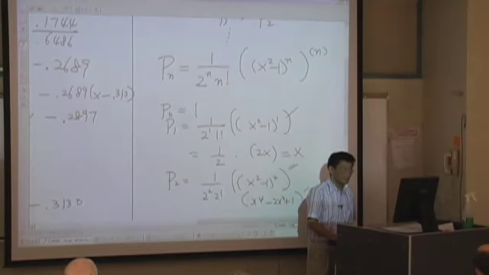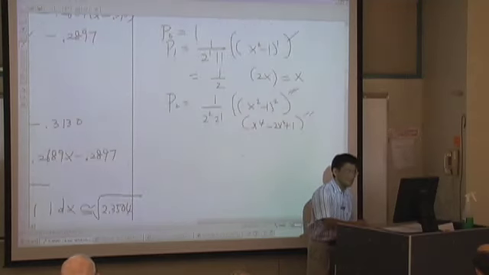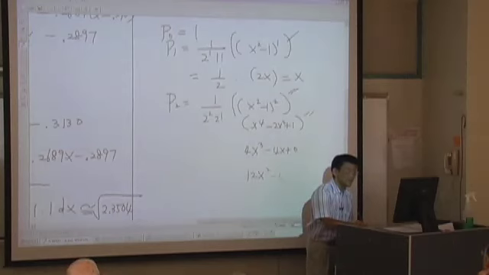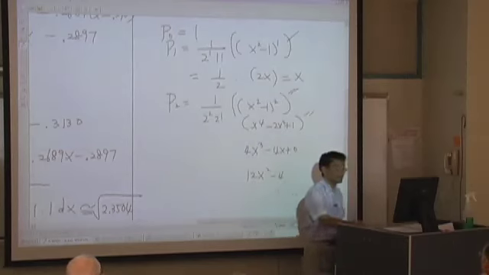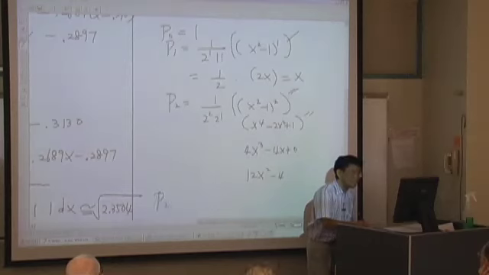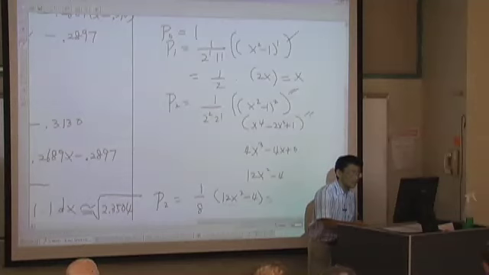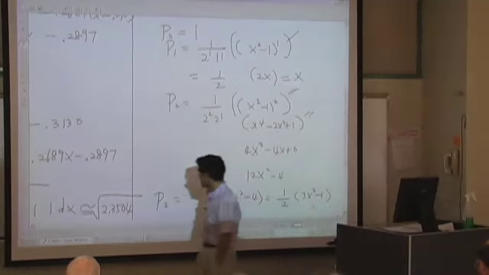So if we do the first derivative, then it is 4x cubed minus 4x plus 0. And one more time, 12x squared minus 4. Right? So P2 equals 1 over 8 times (12x squared minus 4). If we divide both sides by 4, then it is 1/2 times (3x squared minus 1), right, P2. So we have found this thing.